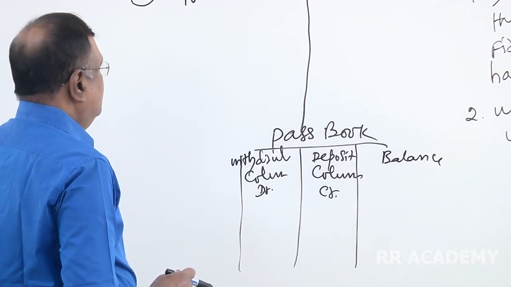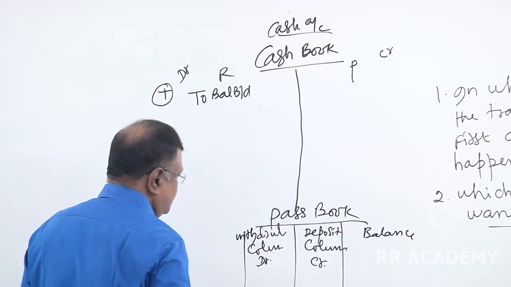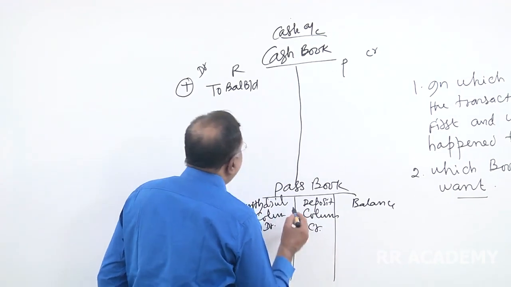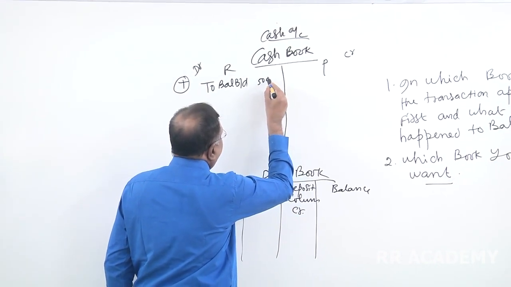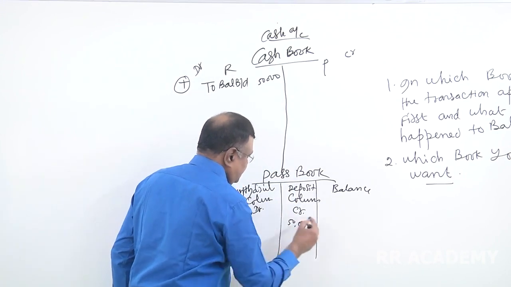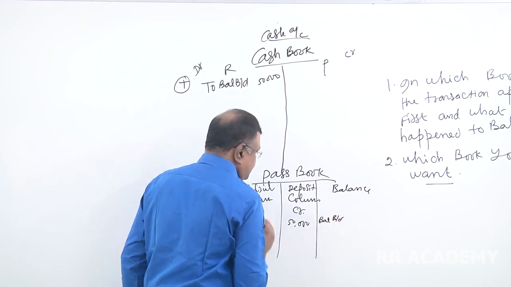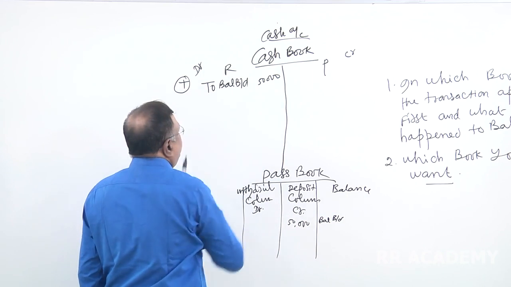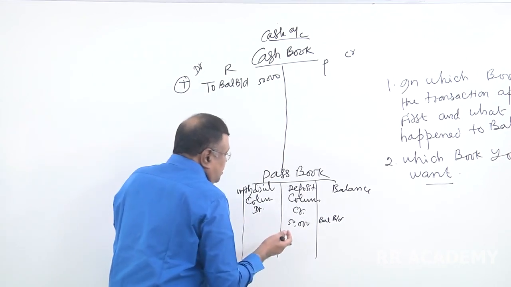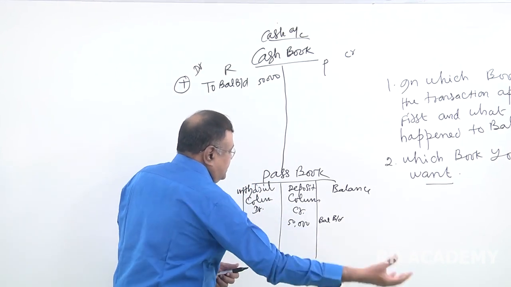Now, this is the cash book debit balance, and the passbook balance. Whenever there is 50,000 here, there is 50,000 here. This is the balance. That means cash book shows a debit balance, that is money which we are having. Passbook will show a credit balance, that means our money is with the bank.